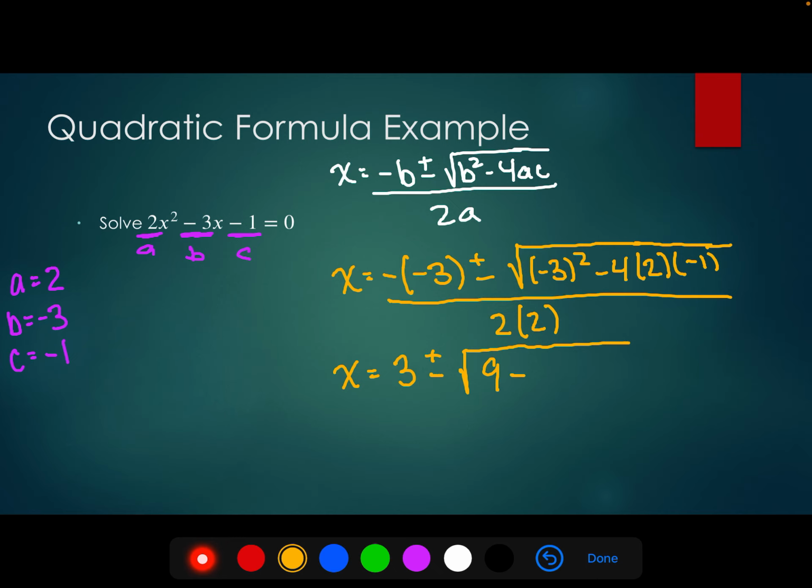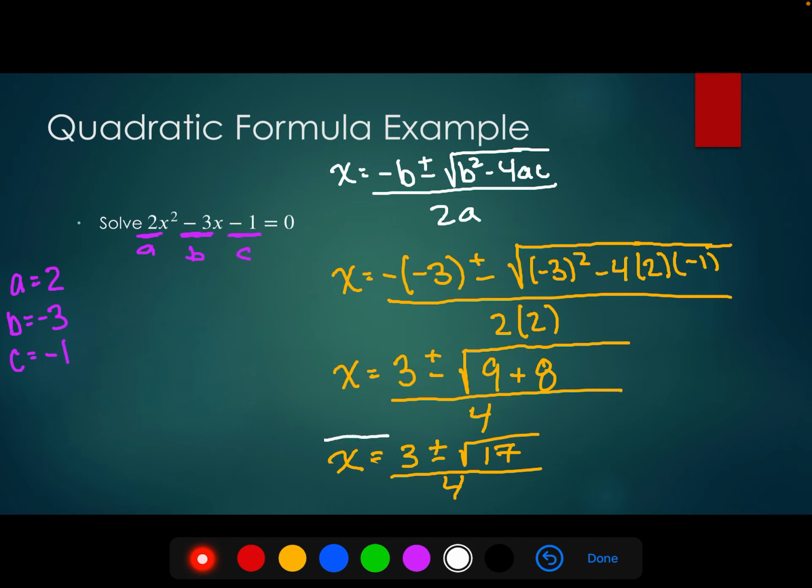So now we have minus a -8. So that's +8. And this is all over 4. Now all that's left to do, simplify what's under our radical. So we do that and we get x is equal to 3 plus or minus the square root of 17 over 4. And that's our final answer.